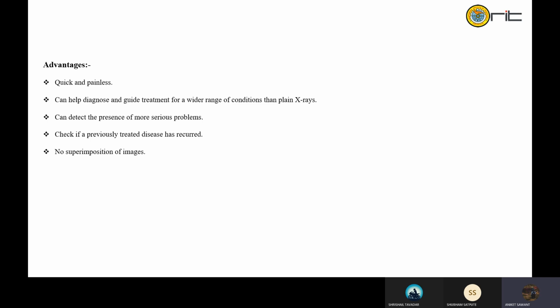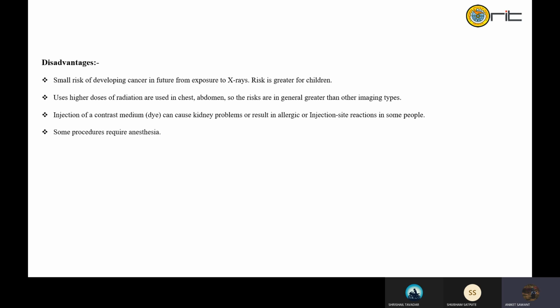Next slide. Disadvantages. First disadvantage is a small risk of developing cancer in future from exposure to X-rays, and the risk is greater for children. This machine is not for scanning children or teenagers.